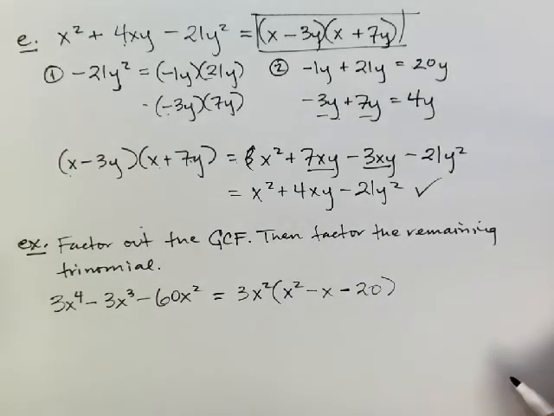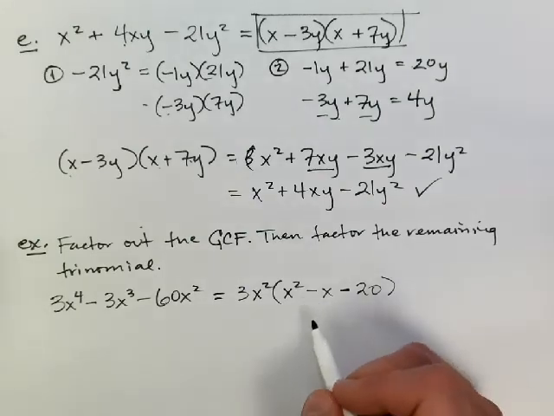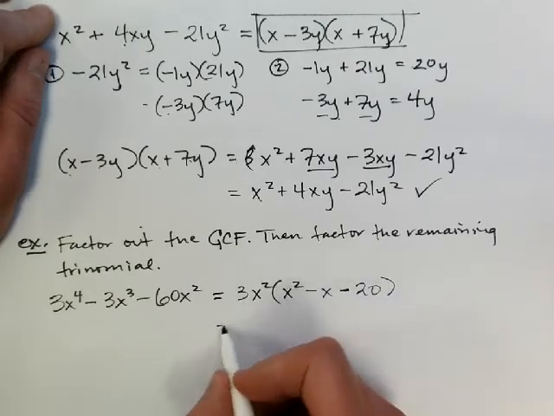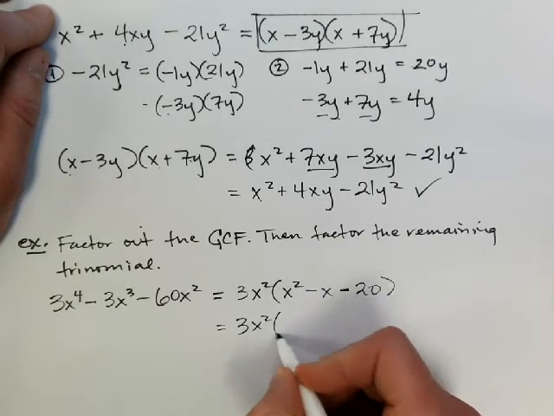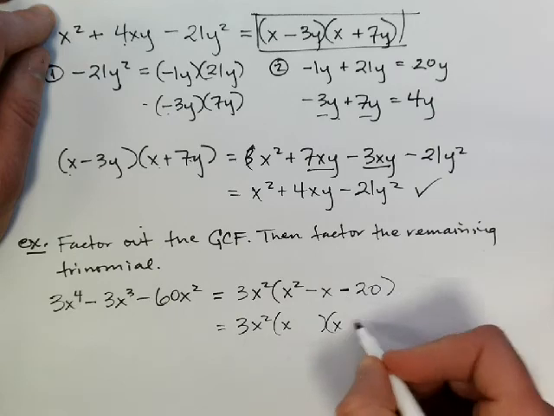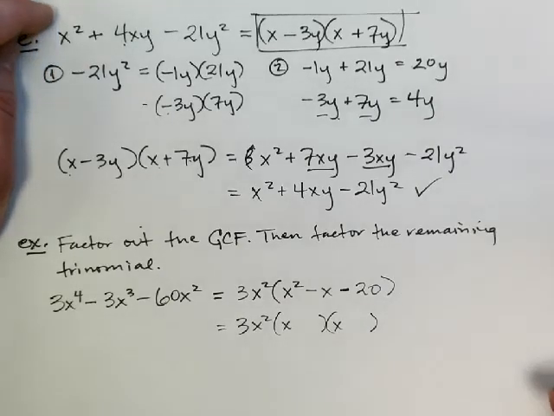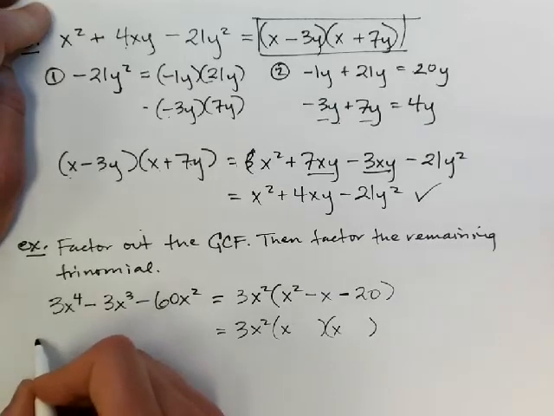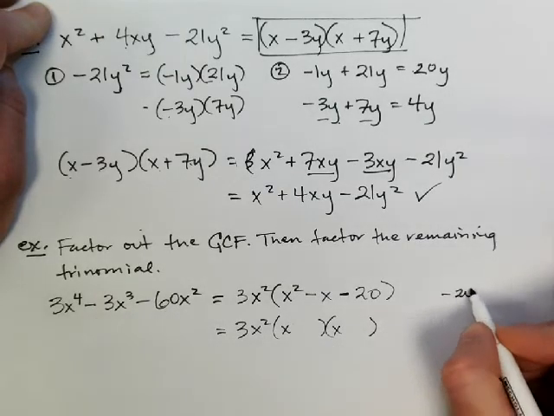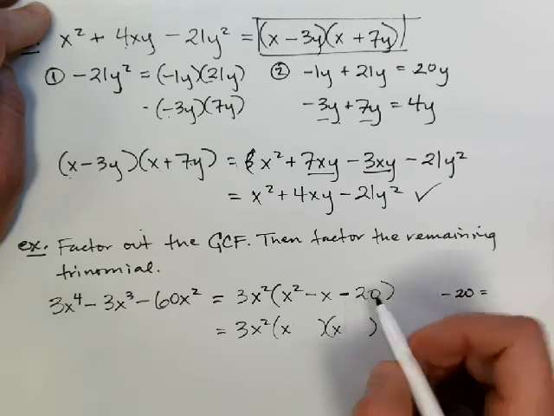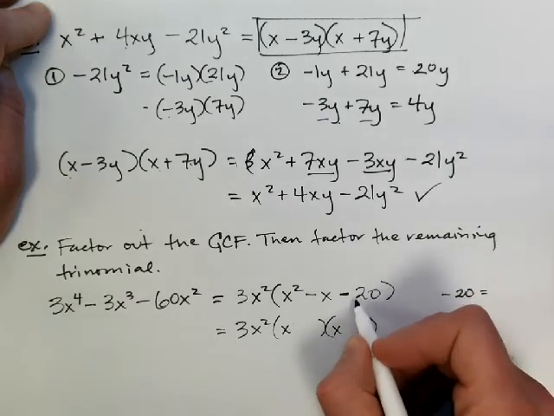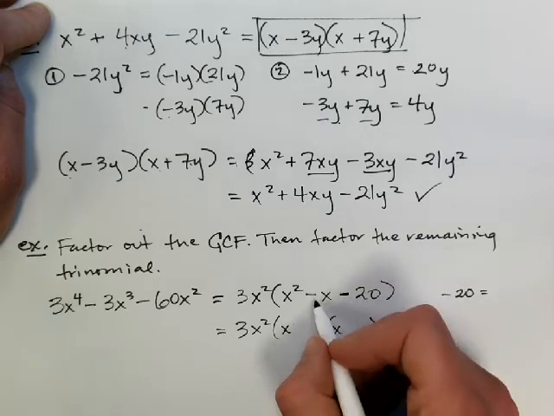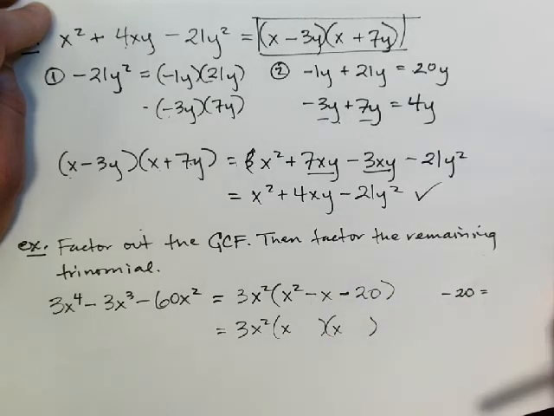Now this trinomial here is something we are able to factor with our new method. We know it's going to be x and x. Now let's think, we need factors of negative 20. They multiply to a negative and they add to a negative, so the negative factor has to be bigger.